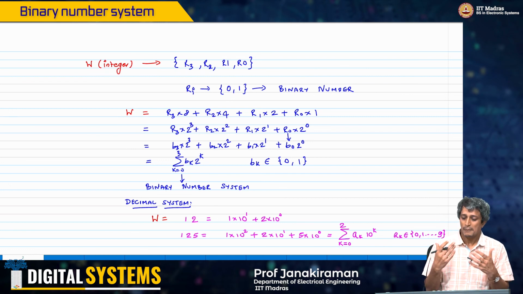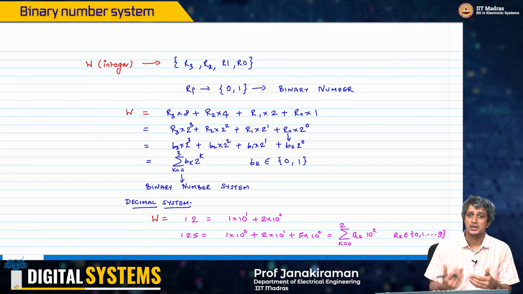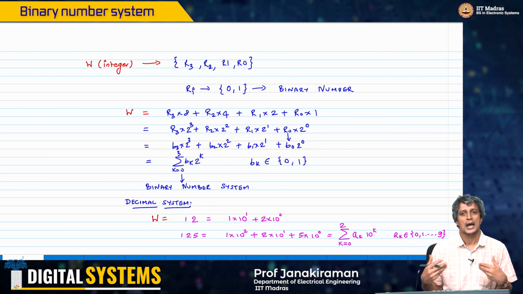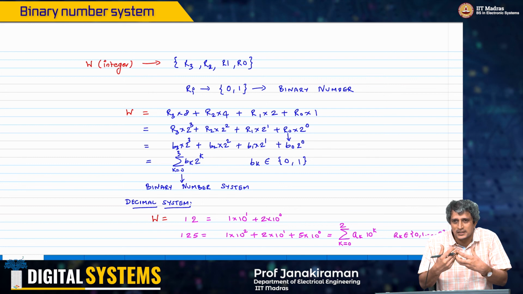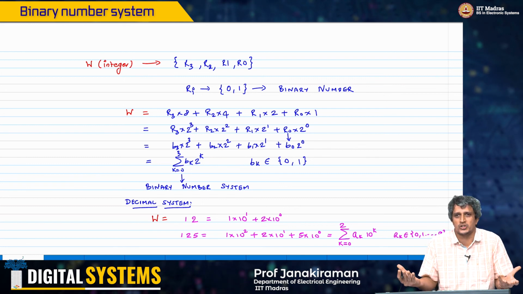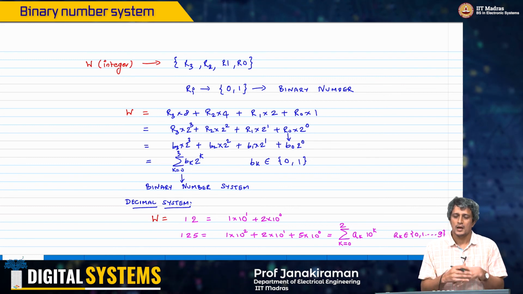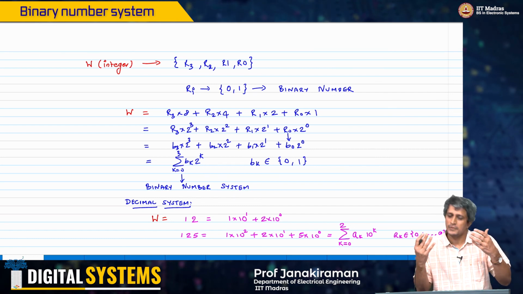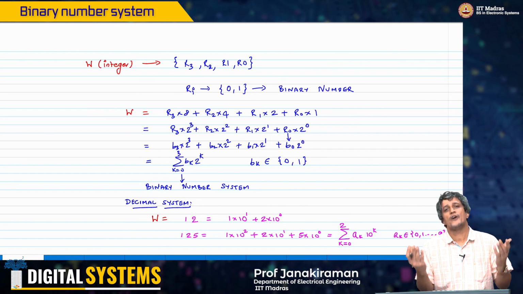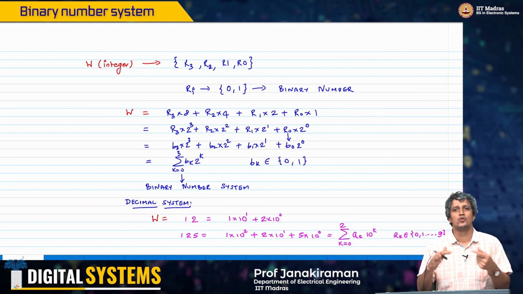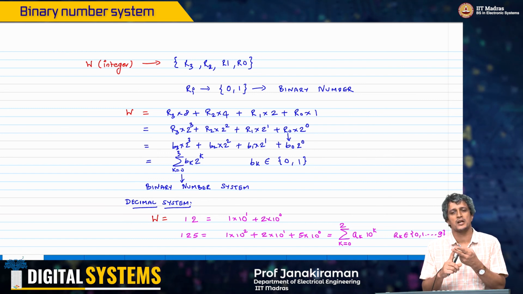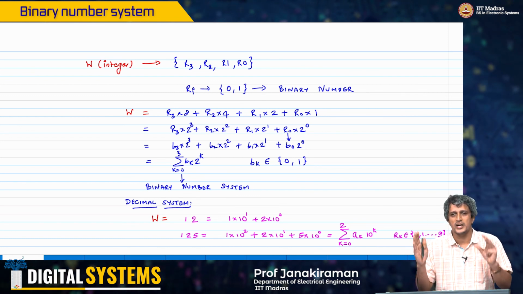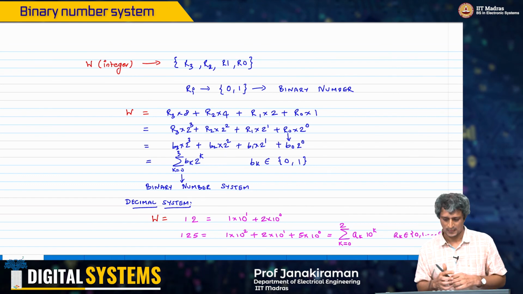So mathematically, both these number systems are equivalent. They are different representations, but they are equivalent representations, and therefore I can do addition with it, multiplication with it, whatever I want, and the answers will come out consistent in that particular number system.